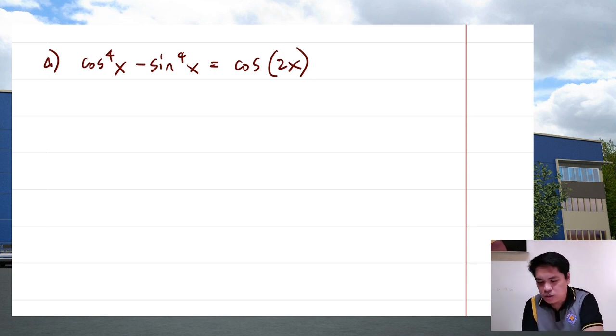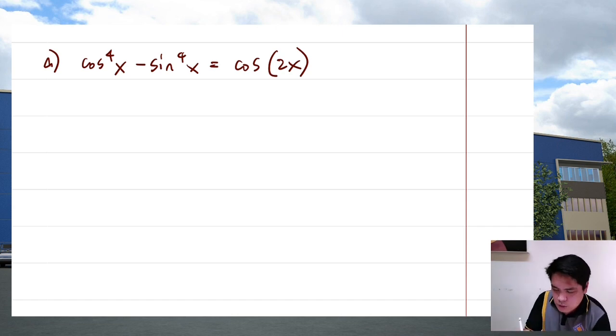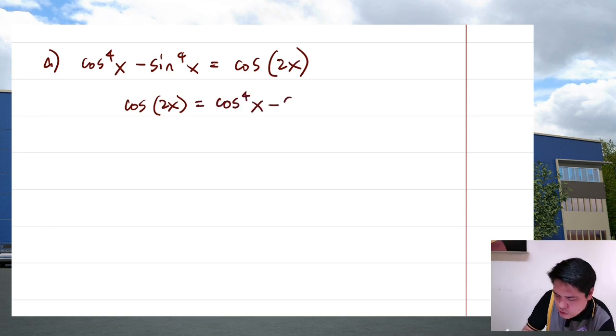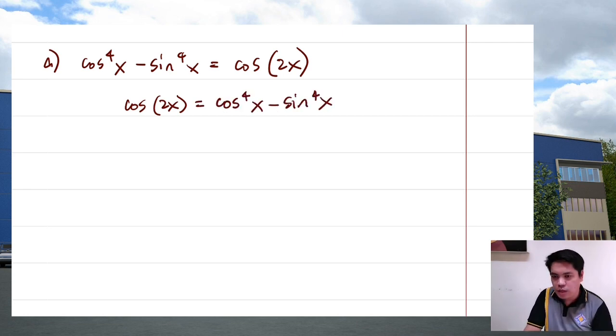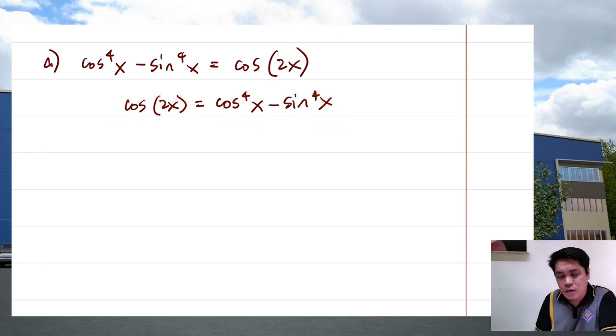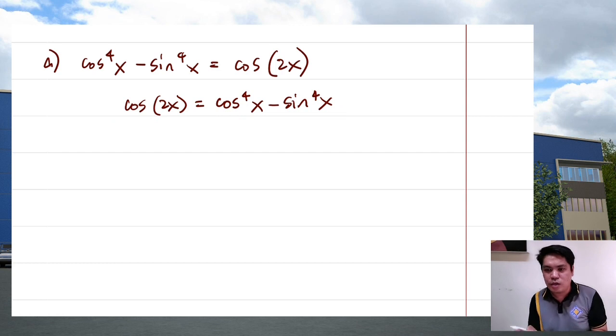So, pwede ko naman i-flip, di ba? I'll just flip this to cosine 2x equal to cosine raised to 4x minus sine raised to 4x. Then, I'll just manipulate this one to be equal to this one. Anyway, we're just proving kung mag-equate siya or maging equal siya, then we have proved the equation.